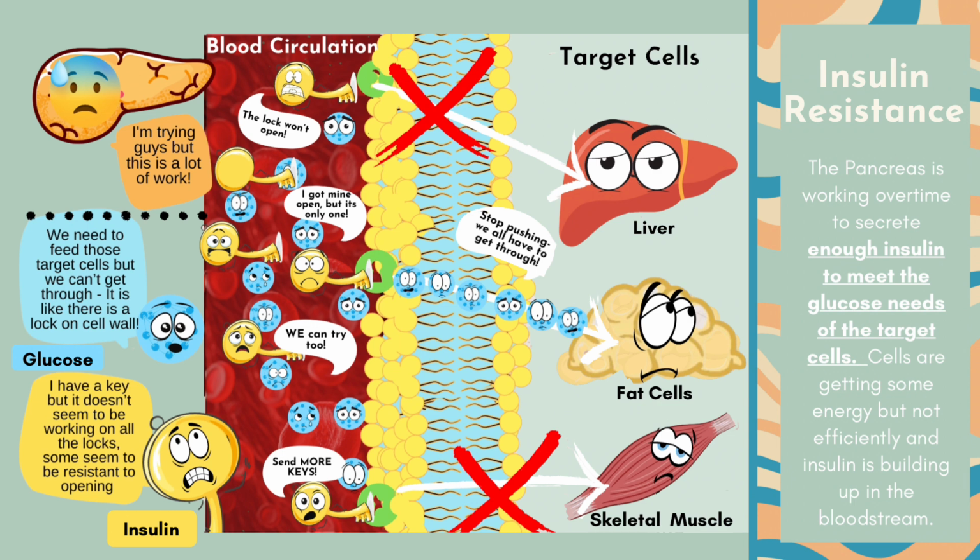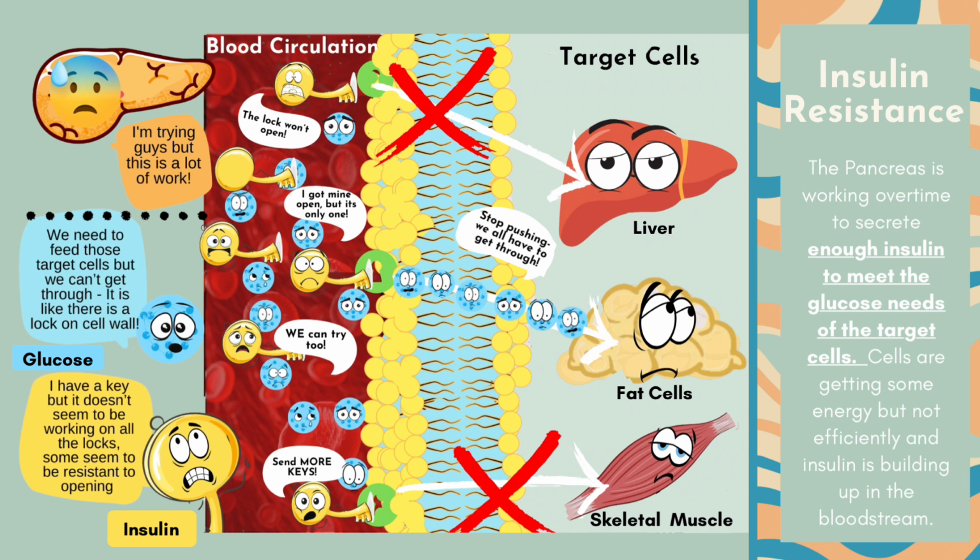Also notice that there's a little bit more fatty tissue here, right? There's more of those yellow blobs that sit on the cell wall. That could be partially what's contributing, right? Because these locks may not work as well when there's a lot more fat there. So as you gain weight, you actually can become more insulin resistant.